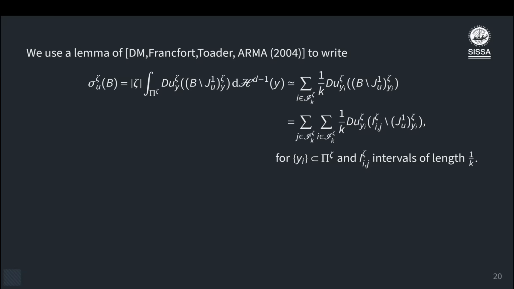Then on a single line, I divide this segment into many more small intervals, so that I can decompose this sum as a sum over two indices of these derivatives on small intervals. But again, I have to be careful, because I also have to take away the part of the jump set J1 of u that I don't like. This is very important.